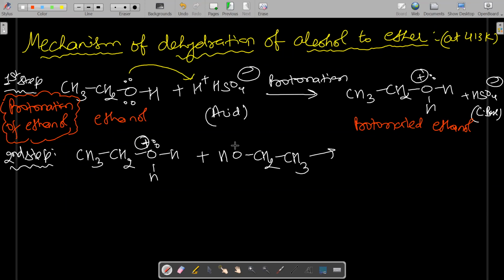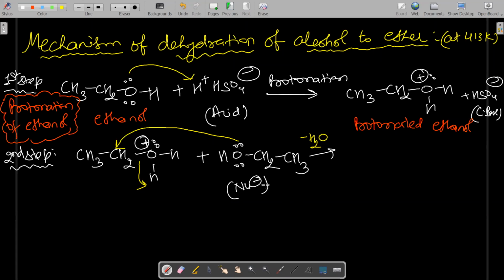In the second step, the second molecule of ethanol is acting as a nucleophile, and this nucleophile attacks the carbon, and simultaneously the bond will break by loss of a water molecule. In this step also there is a loss of water molecule, but it is not released by itself. It will be released only when the nucleophile attacks the carbon.